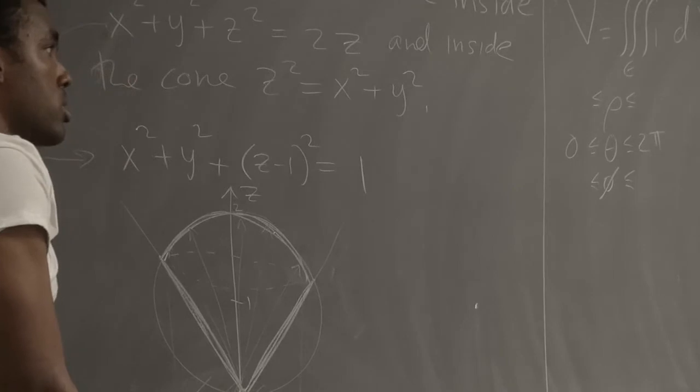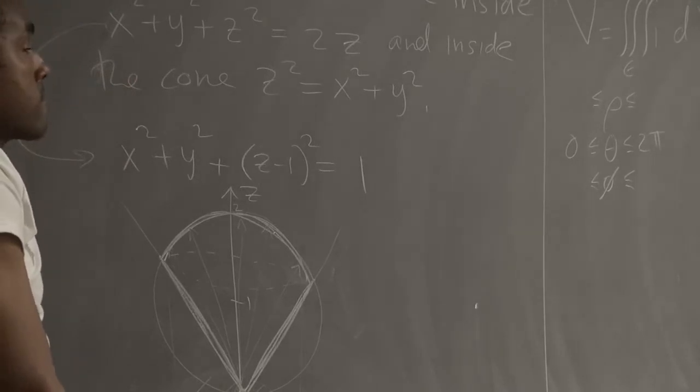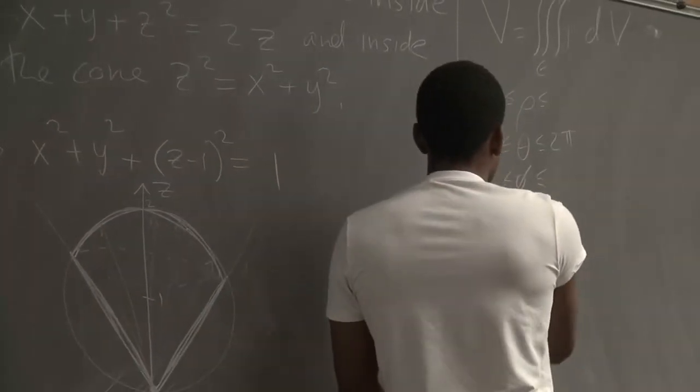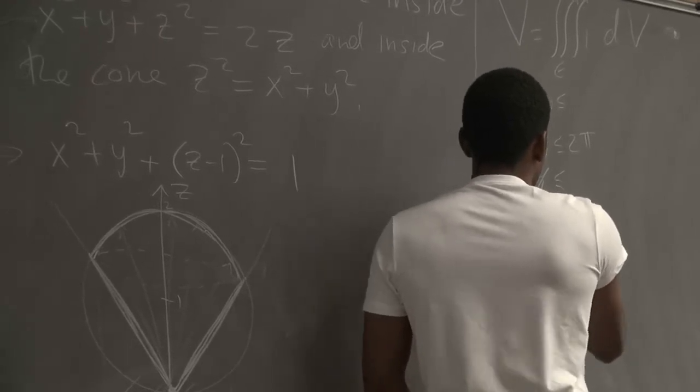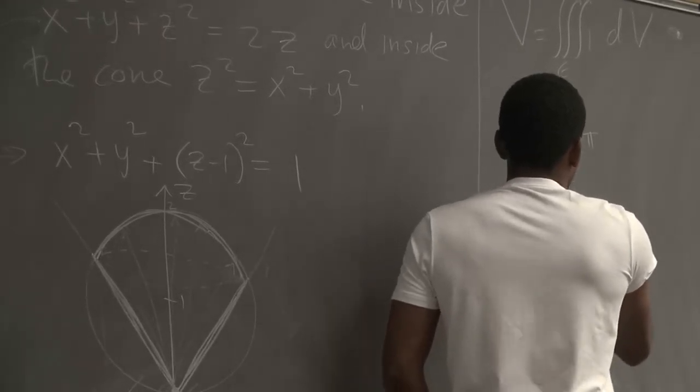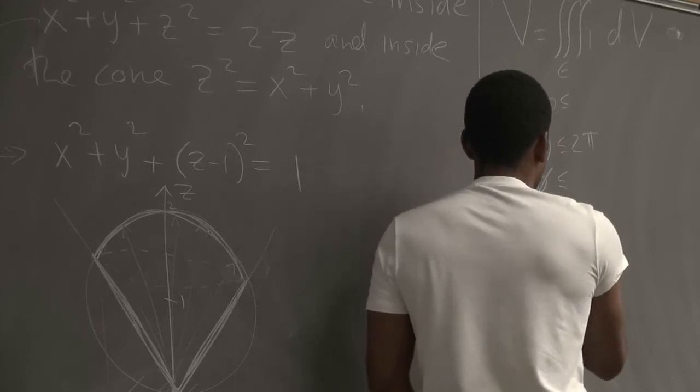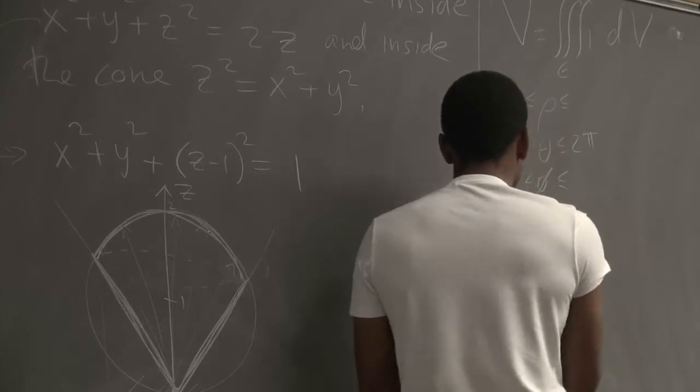So how would you measure that distance? 2 cosine phi, if you plug stuff in or do algebra. Well, rho is the distance to the sphere. Right. So look at the sphere.